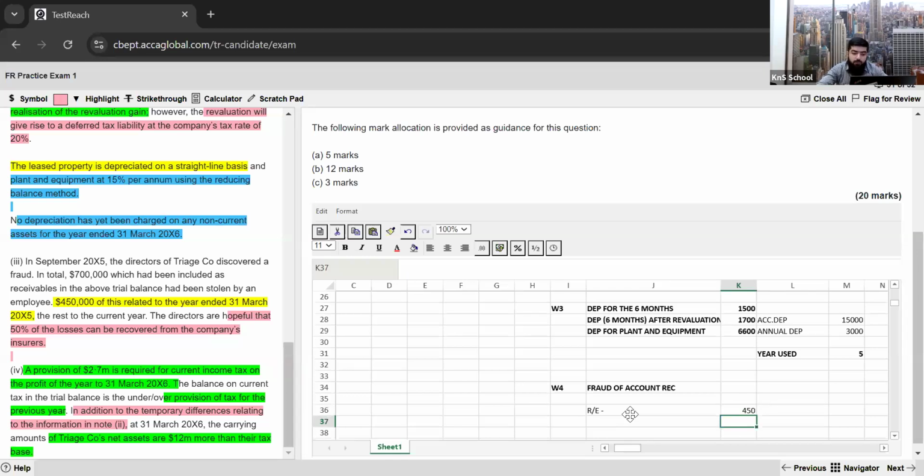So 450 will be reduced from the retained earning. Why? Because this was the last year loss, the last year expense. So last year retained earning was overstated, and in order to adjust it, we are going to reduce the retained earning by 450.